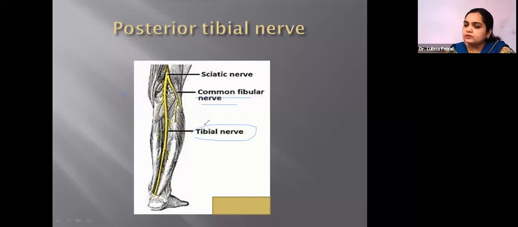Tibial nerve can also be termed as posterior tibial nerve. Now it gives muscular branches to all muscles of the posterior compartment, but it lies in the deep subcompartment. This is important to remember. It does not lie in the superficial subcompartment. It lies in the deep subcompartment.